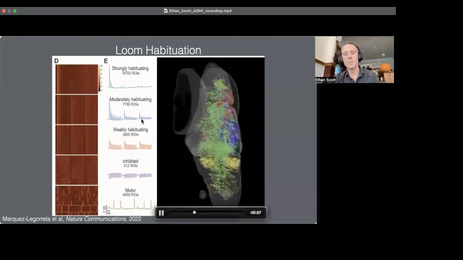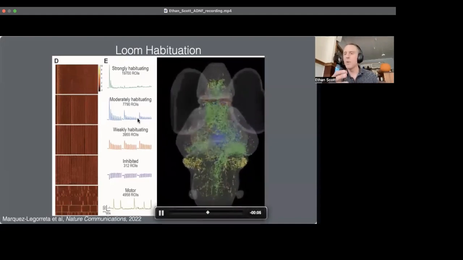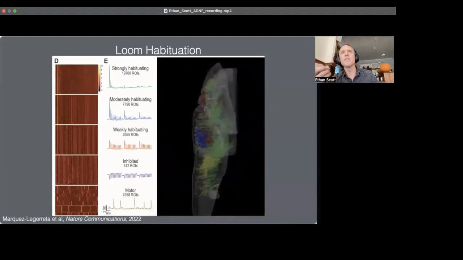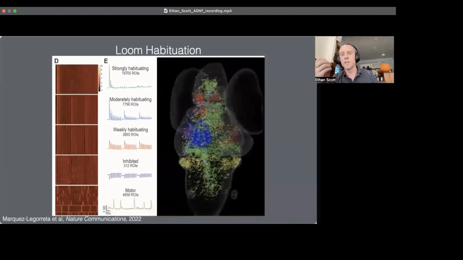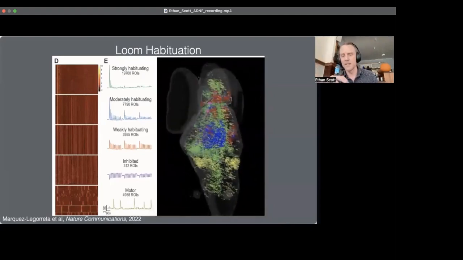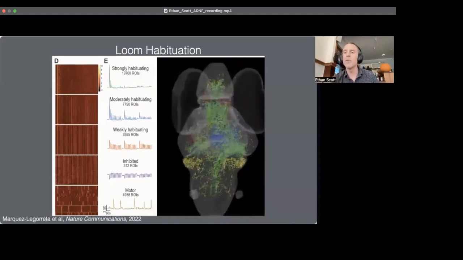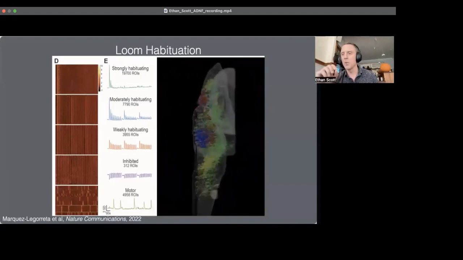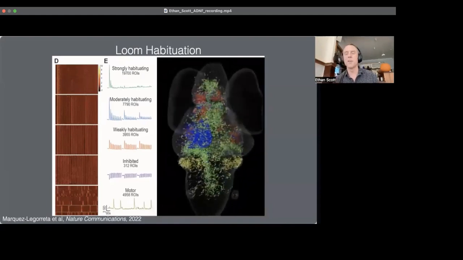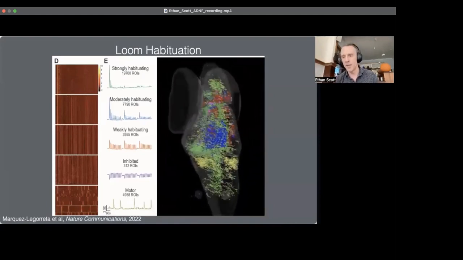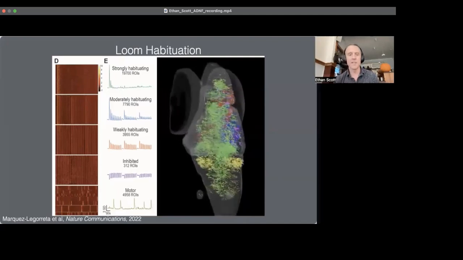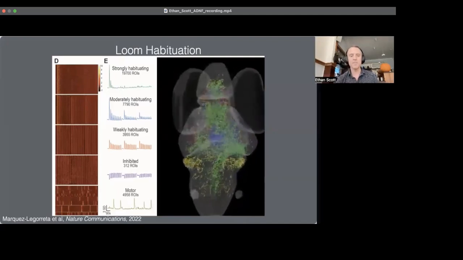They're color-coded to the response profiles they have. And what we get here is a visual sense of what the responses are in different parts of the brain. And this allows us, through a variety of computational approaches, to start to model how information flows through the brain and what the key points are, what the pivot points are for, say, sensory motor gating, for a decision to respond to this stimulus.